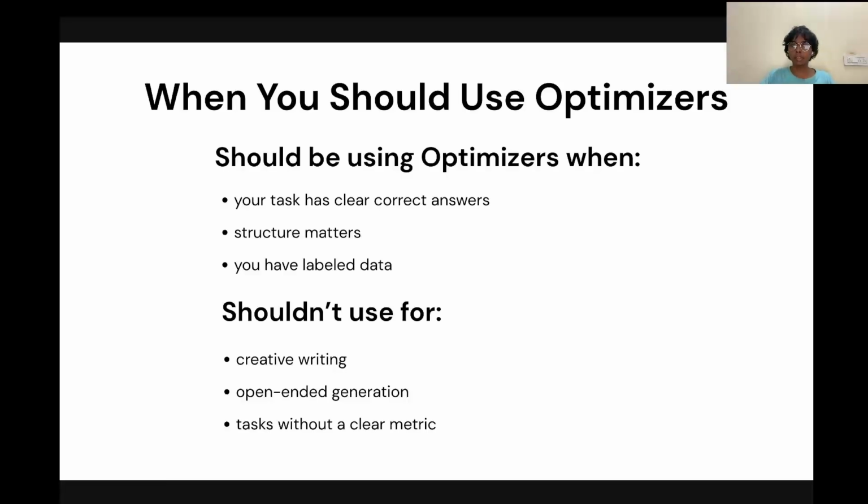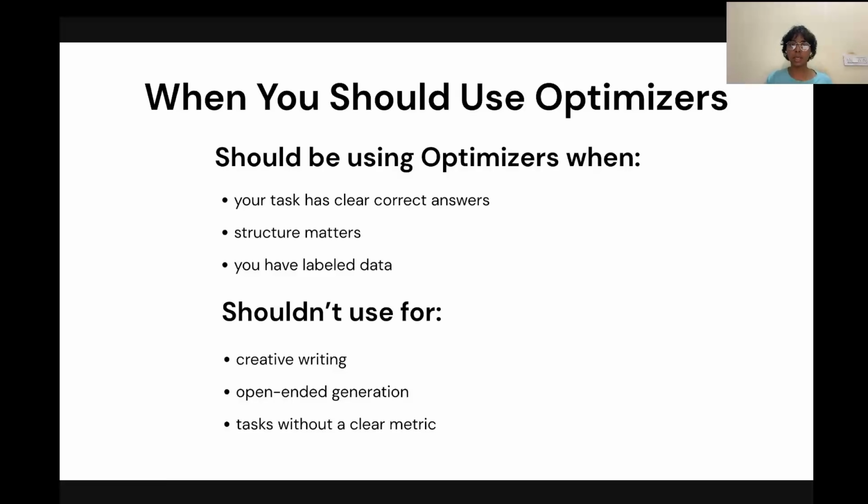So again, let me explain what optimizers are in one line. DSPy optimizers automatically search for better prompts using labeled data and a metric. They don't retrain the model, they only improve how we talk to it.